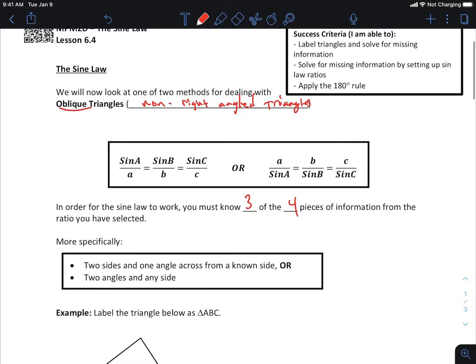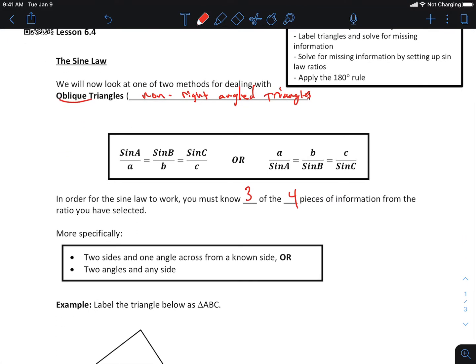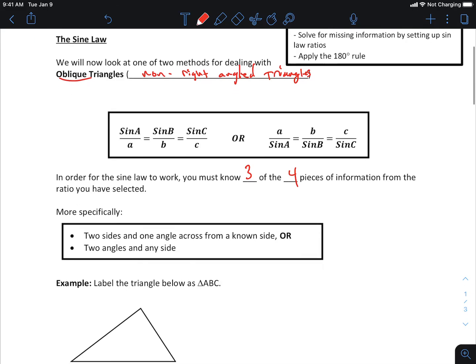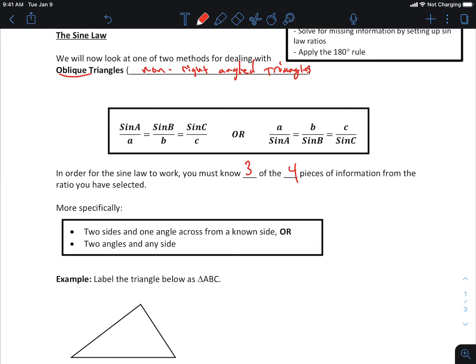Just to be a bit more specific, you're going to have to know 2 sides and 1 angle across from a known side, which will mean more in a minute when we start actually doing some questions, or 2 angles and any side. Okay, those are the instances where this works. So you don't have anything to write there.